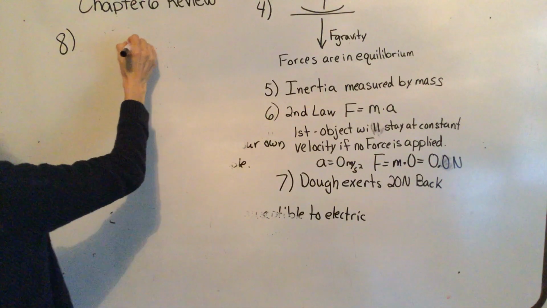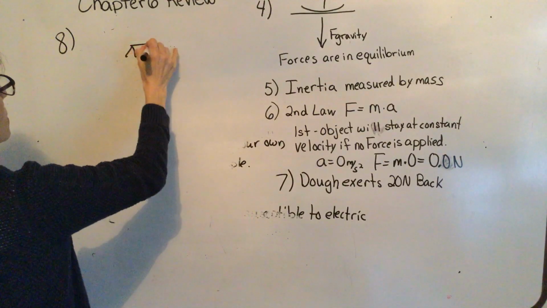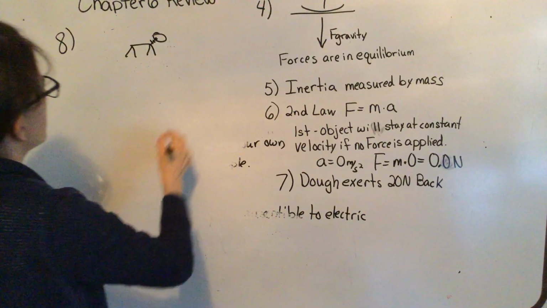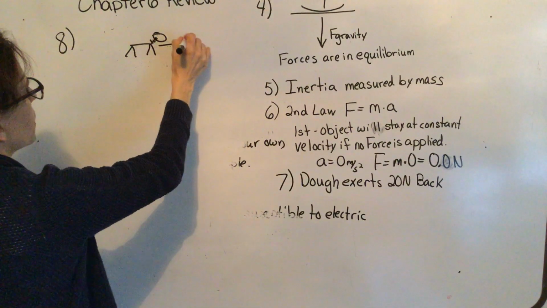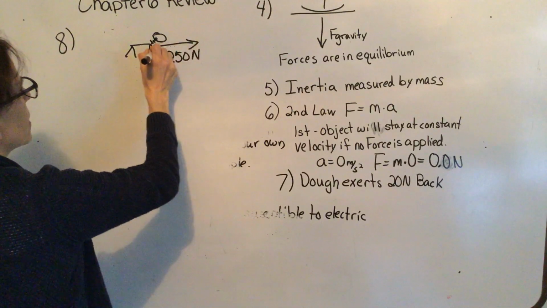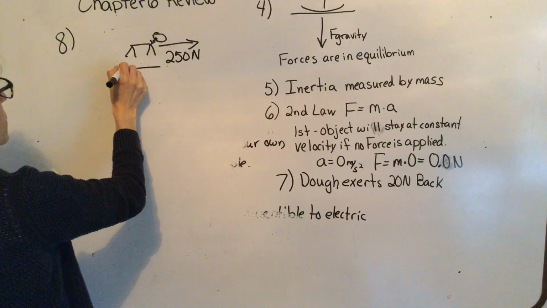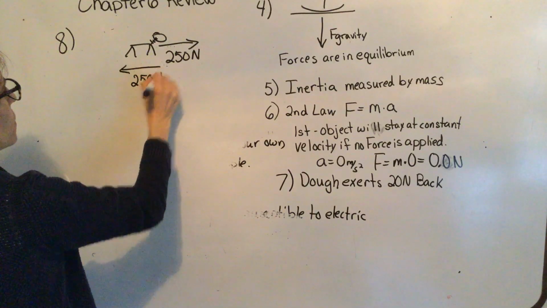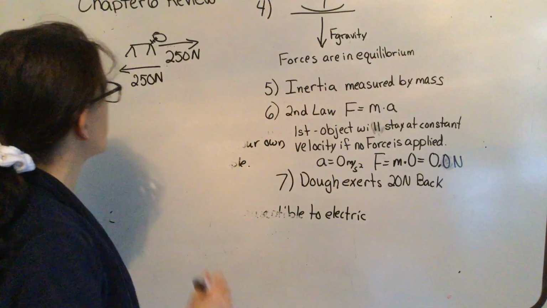All right, we have the mule. The mule's being pulled to the right with 250 newtons, and the friction is holding him back as he stands still with 250 newtons. What can we say?